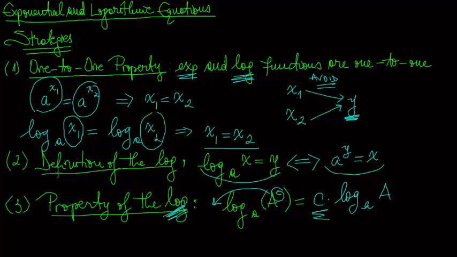So these are the three strategies, the one-to-one property, the definition of the log, and the property of the log that we're now going to use in examples to solve various exponential and logarithmic equations.